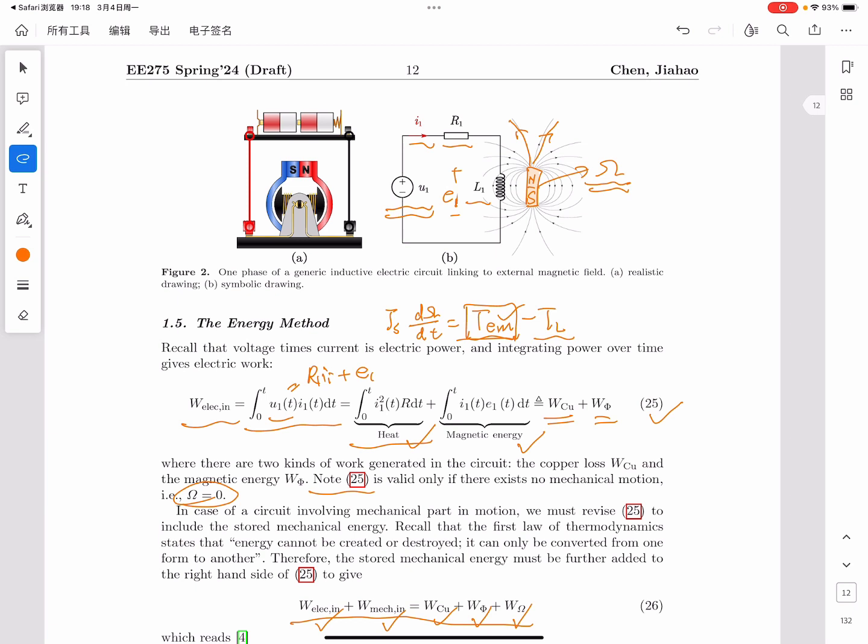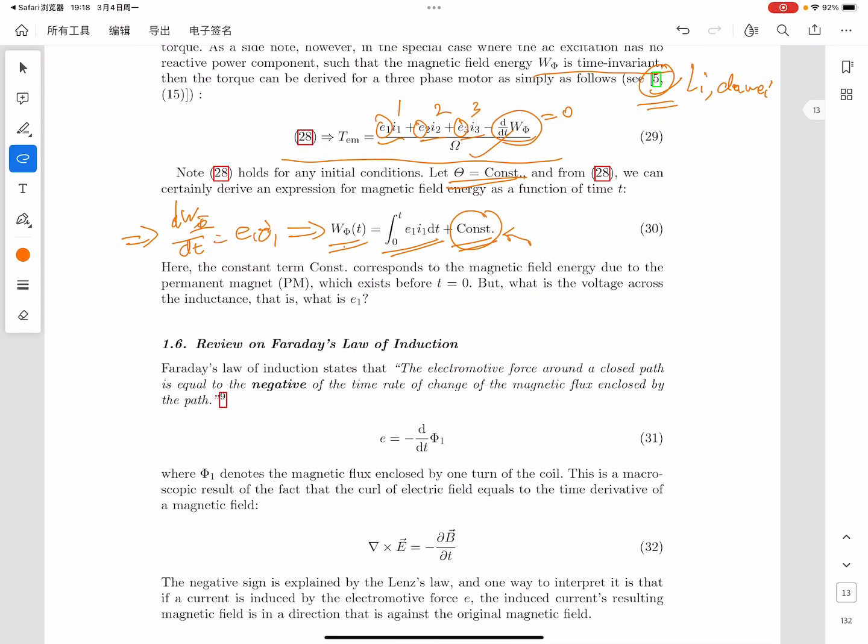Later we are going to also model the permanent magnet as a circuit. So this is a permanent magnet, and it is equivalent to a circuit. We are going to name it IM1, such that it generates a magnetic field. So this constant term actually compensates for the magnetic energy provided by the permanent magnet field that we haven't considered here.